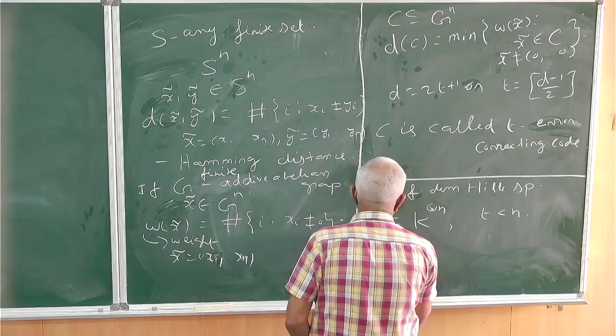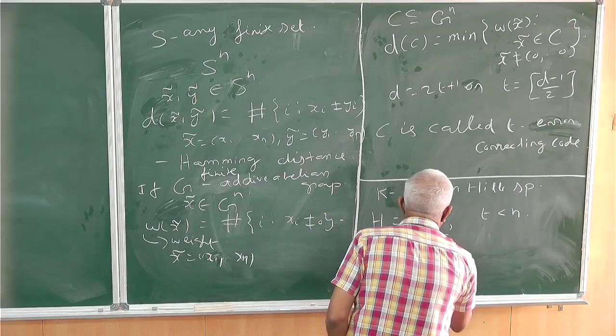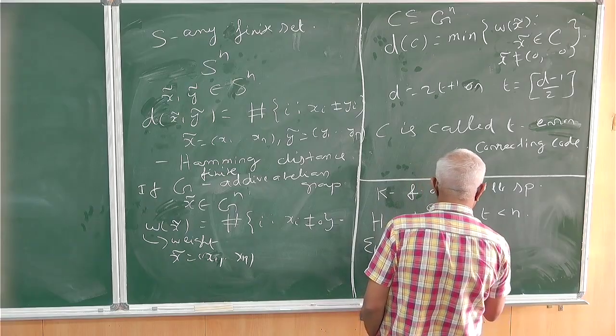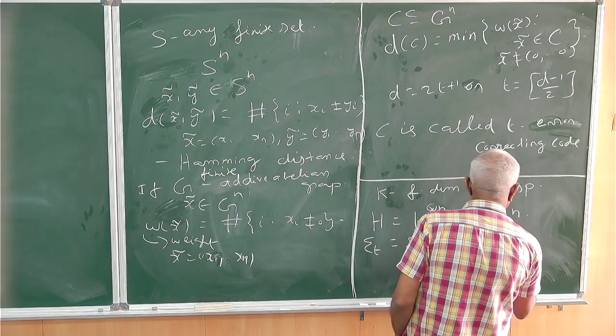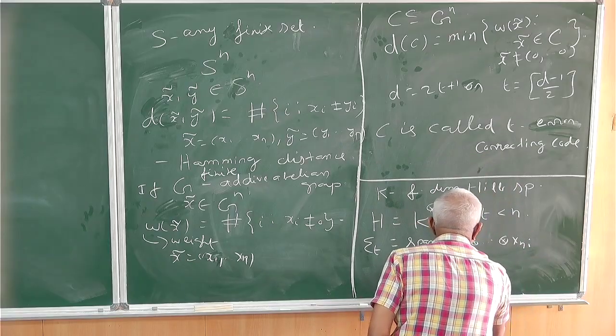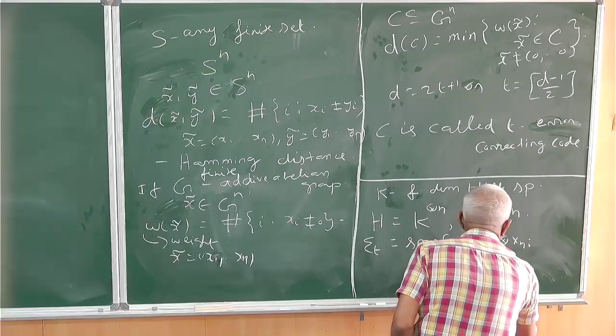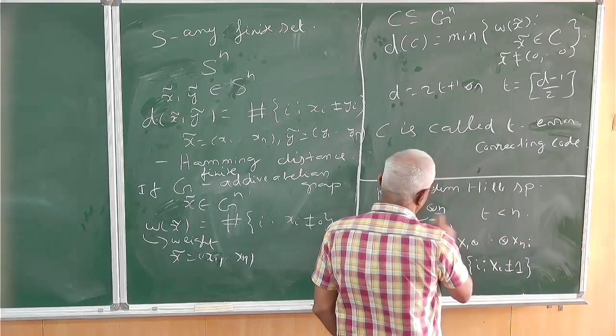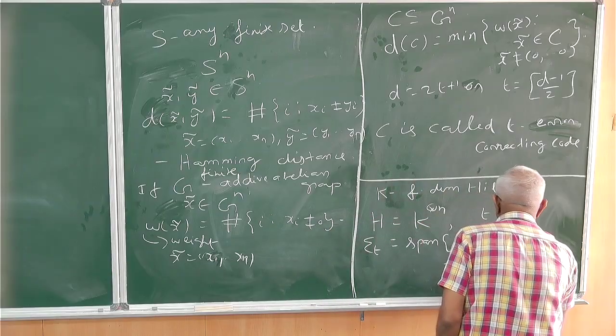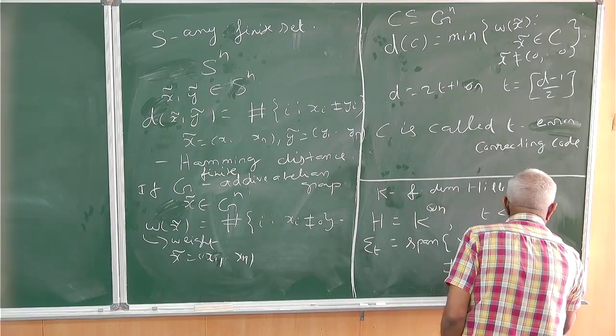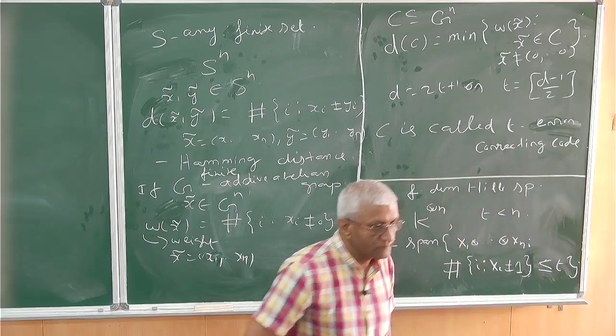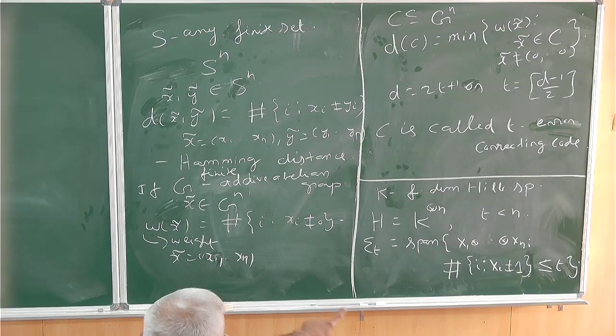So E_T should be the span of all these operators, X1 tensor ... tensor Xn, such that the number of i with Xi not equal to identity is less than or equal to T. So it is the span of all those elementary tensors which have identity except at most T places, where it can be non-trivial.